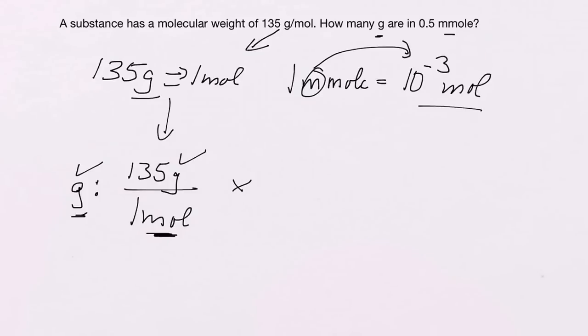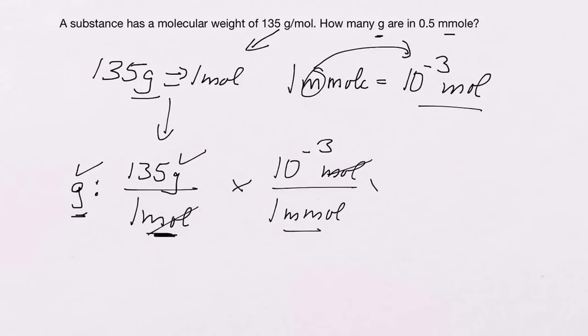So we just simply say 10 to the minus 3 mole, 1 millimole. So we see mole and mole cancels off, so we are left with this millimole down here. Do we have a millimole? Yes, we've got it up here. So we have 0.5 millimole.